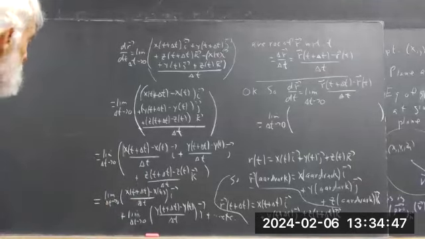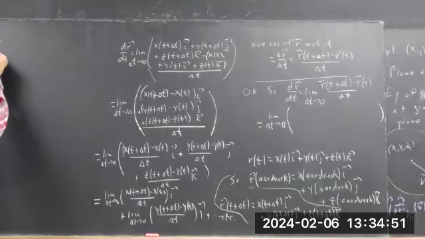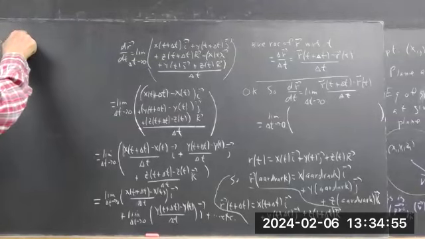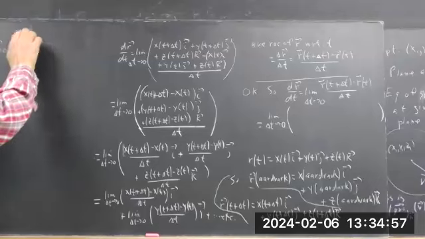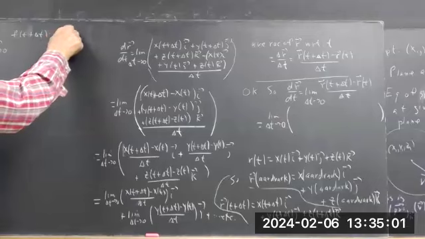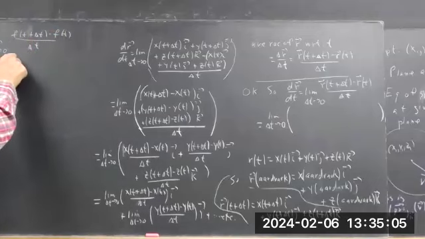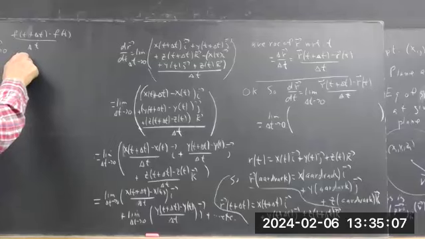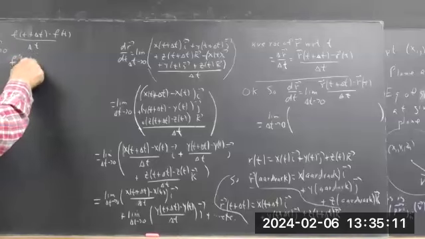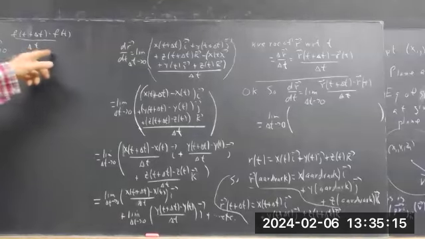What's this? Well, the limit as delta t goes to zero.